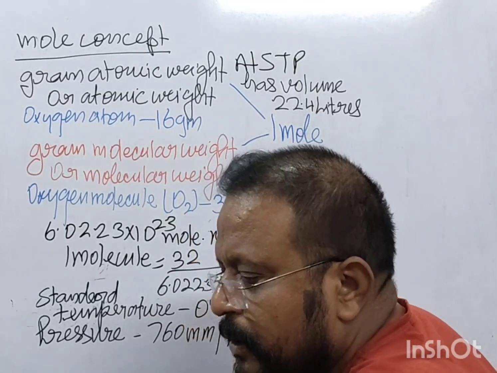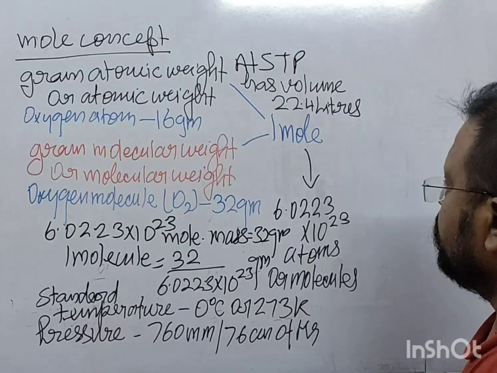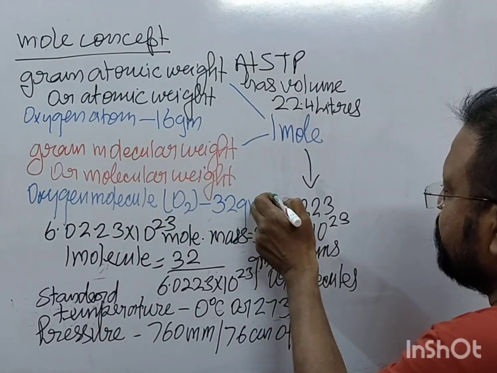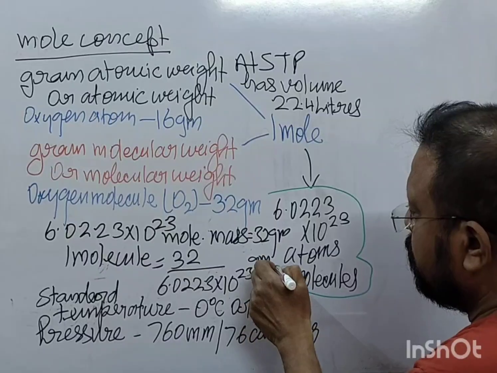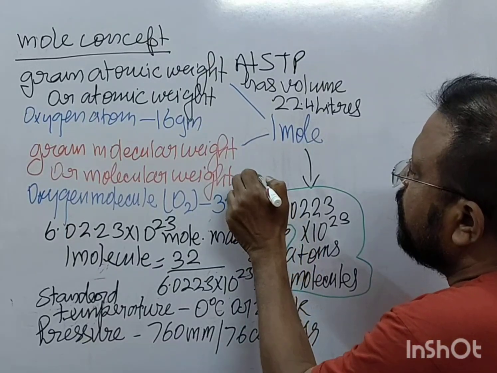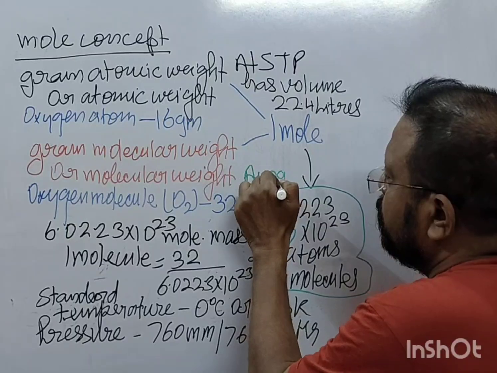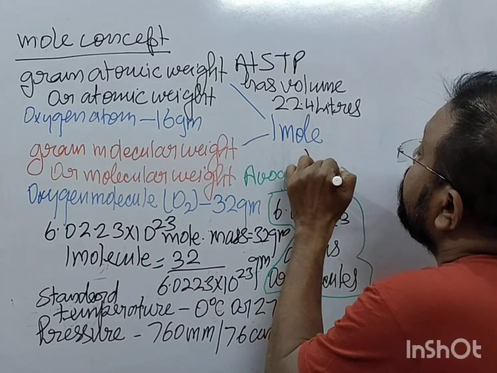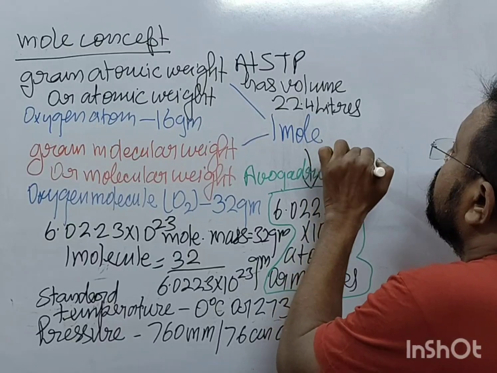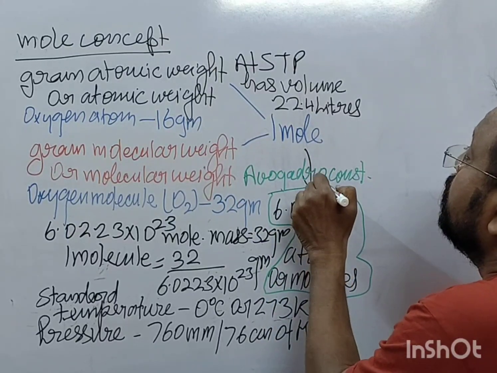In some books, this much is called Avogadro constant or number, right?